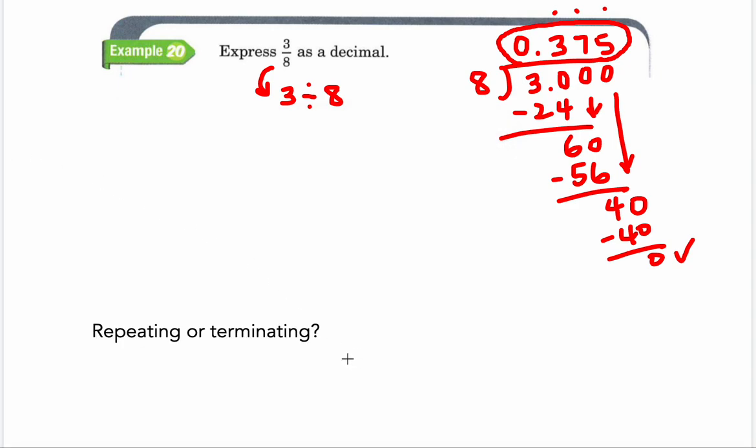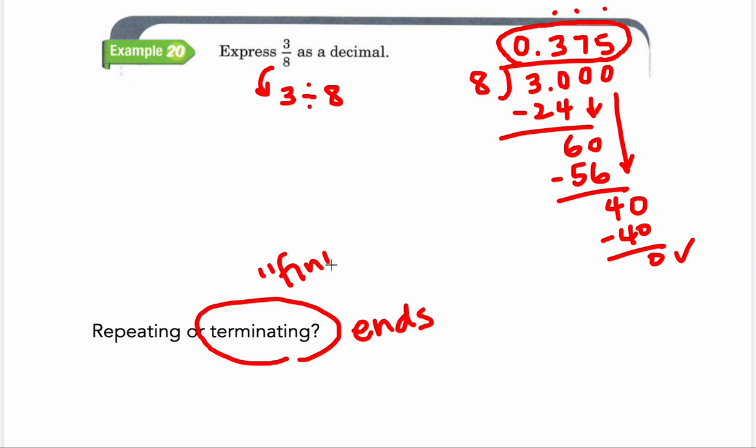Now, is this a repeating or terminating decimal? This is a terminating decimal, meaning that it ends. It doesn't go on forever. After the decimal point, it's 3, 7, and then 5, and then it's done, okay? We also say that it is finite.